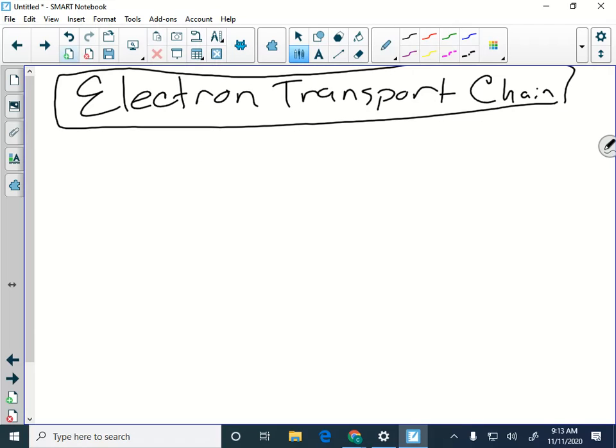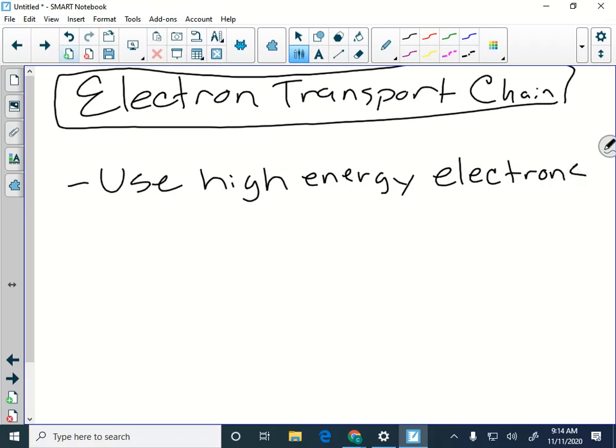So, this is probably my favorite step in this process. It's like the idea that life figured out a way to make this happen blows my mind. So, in the electron transport chain, we use high energy electrons from glycolysis and the Krebs cycle.